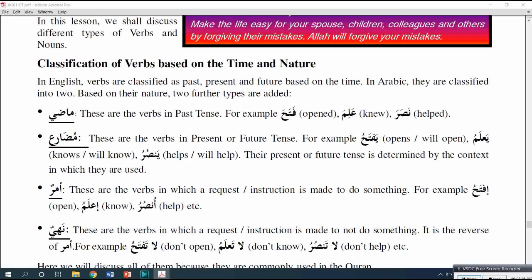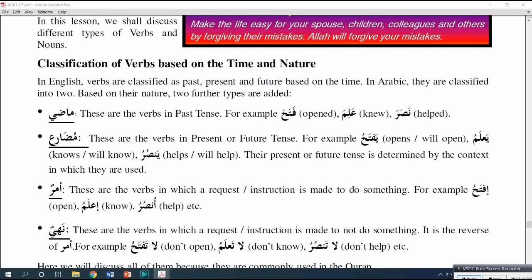Your colleague or employee or brother or sister, you ask, iftah, please open it. I'lam, please know it. Unsur, please help him or her. Amr means giving instruction or request. Both might be used, and when you listen, you know whether it is an instruction or a request.